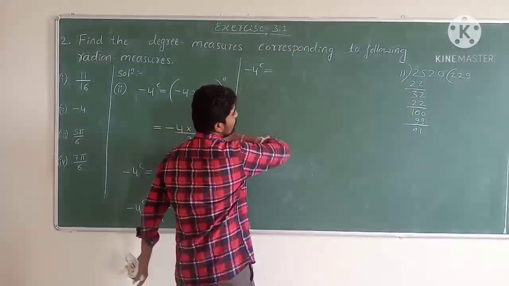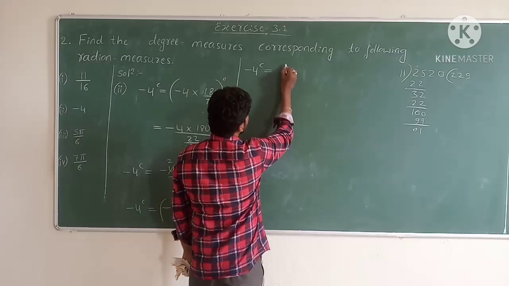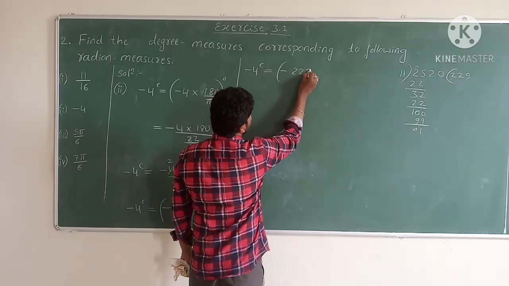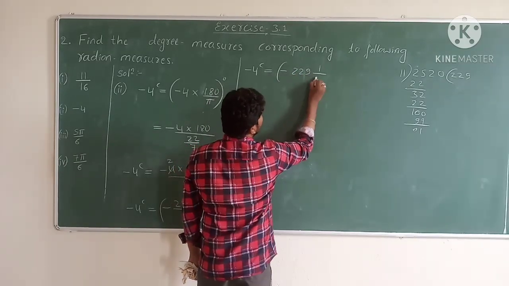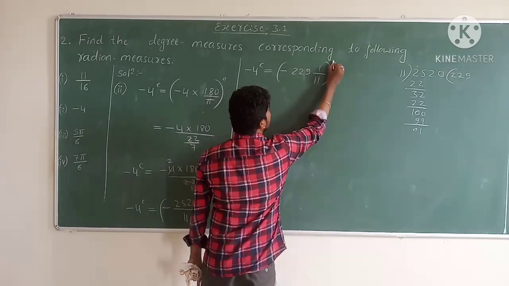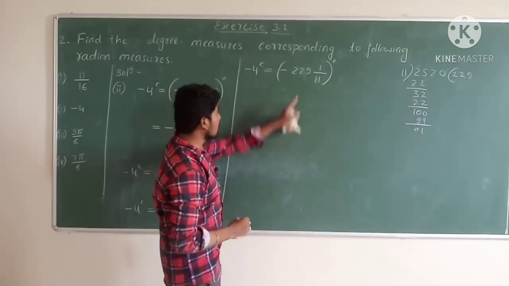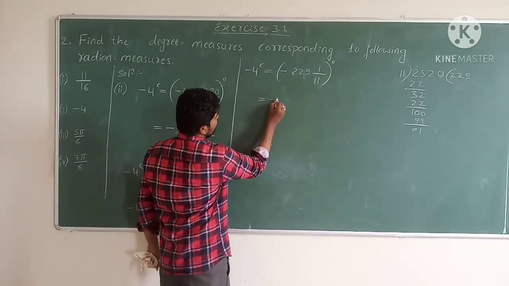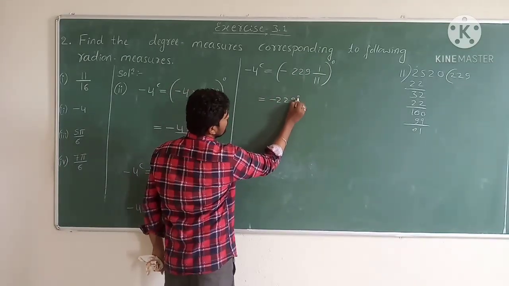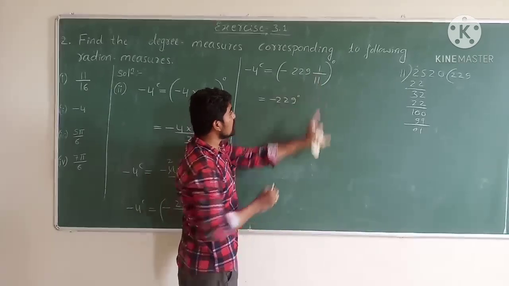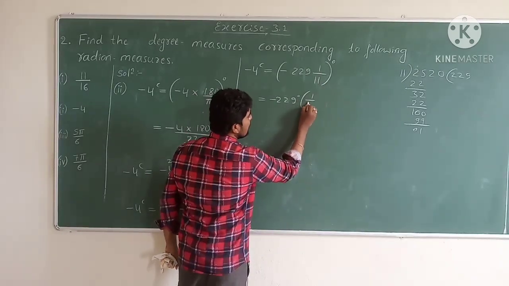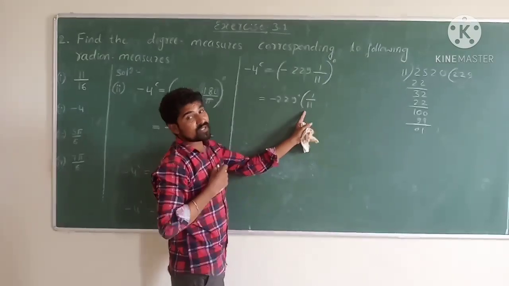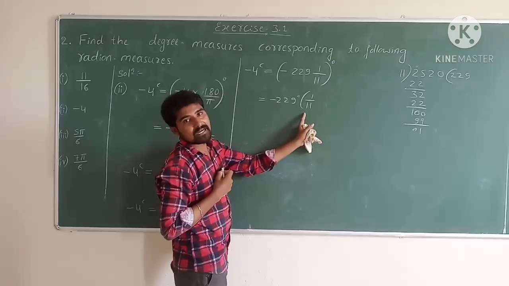Therefore minus 4 radian is equal to minus 229 and 1 divided by 11 degree. Now the exact degree is 229 degree. So which is equal to minus 229 degree and 1 by 11. It is also in terms of degree, but we need to convert this into minutes.